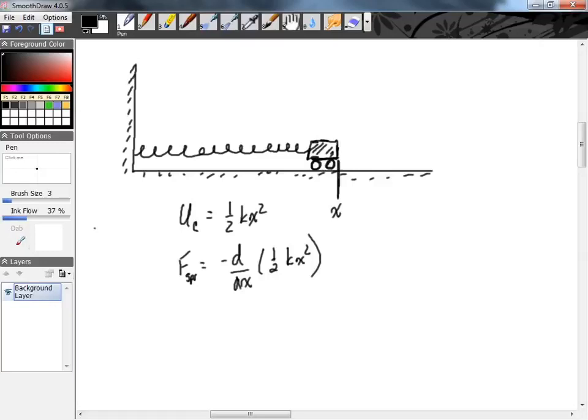All right, so our F of x, our force in relation to x, is then going to be, well, the derivative of this is negative 1/2 k times 2x. Well, then the 1/2s cancel with the 2, and so we wind up with negative kx as our force. And we've discovered that's Hooke's law, right? So we have the potential energy of a spring, and we're able to derive Hooke's law from the potential energy of a spring.